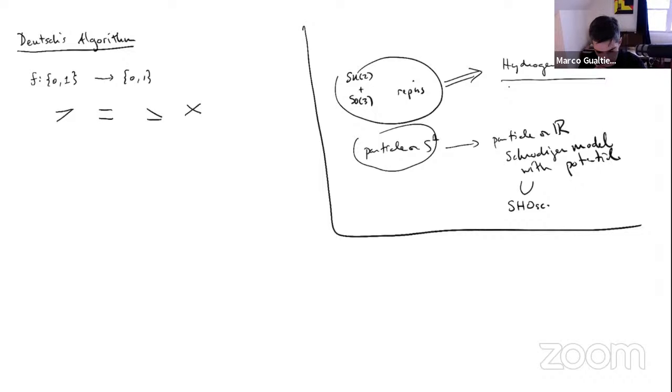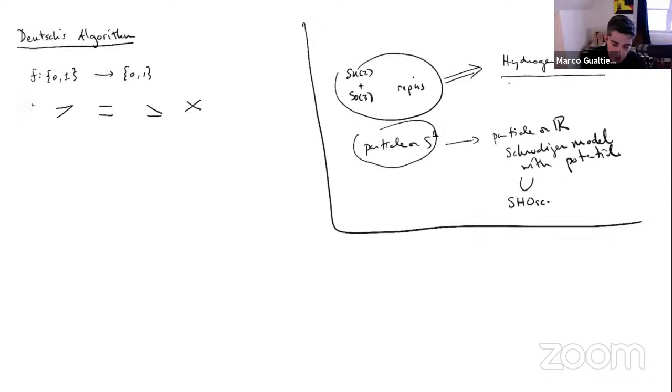And notice that this one here is what we normally call the constant function.